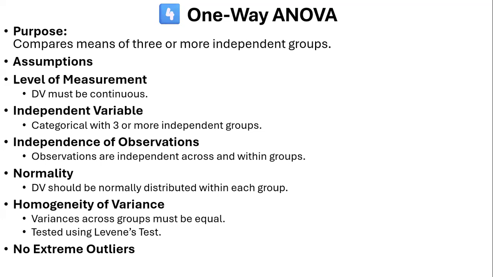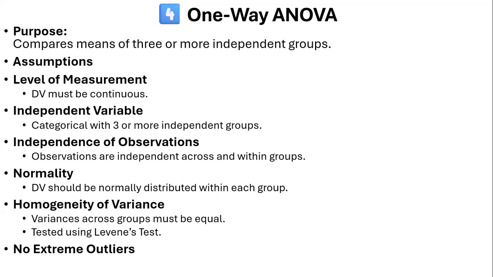For instance, if you are interested in comparing the performance of students across GCTU, Ashesi University, University of Ghana, KNUST, then one-way ANOVA will come in handy.